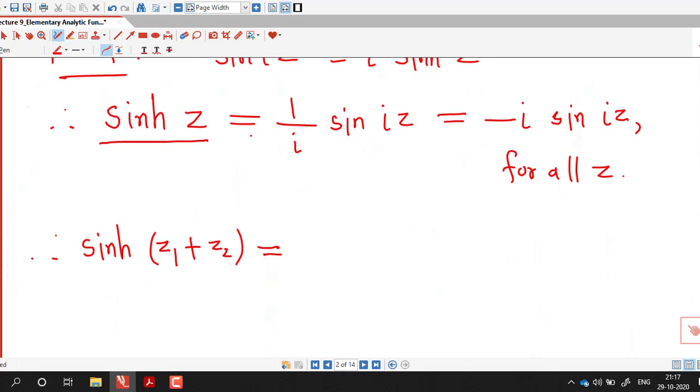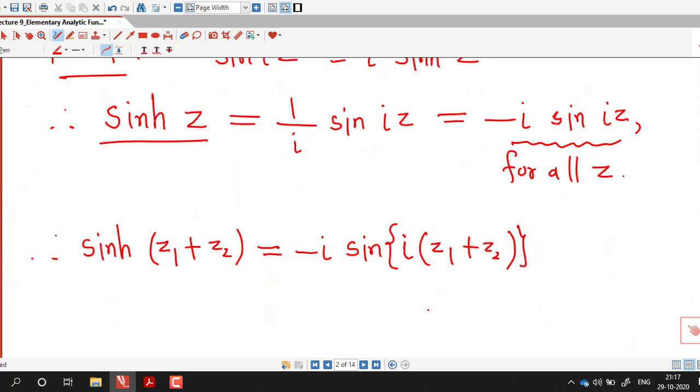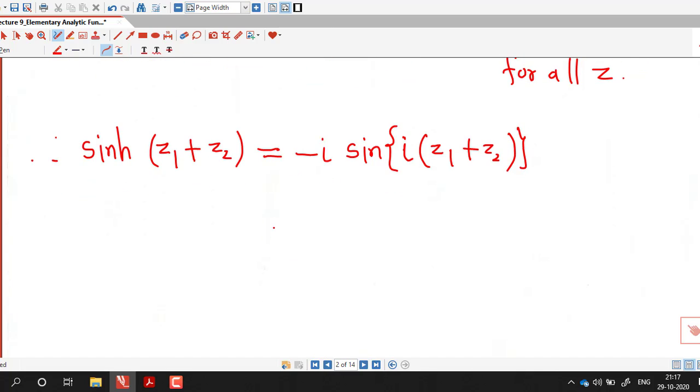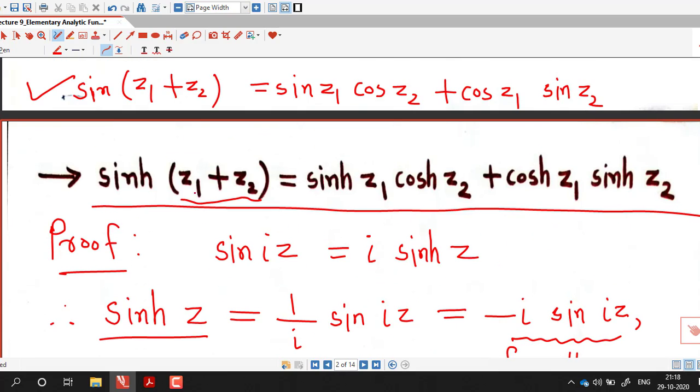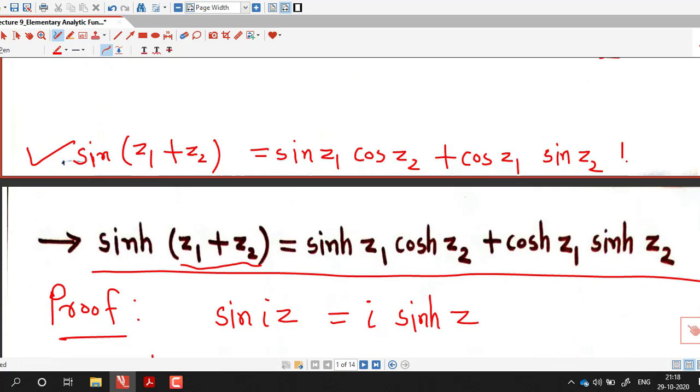So we obtain minus i times sine of i of z1 plus z2. This we can rewrite as sine of iz1 plus iz2. Now we use this property of sine function which we have written here.